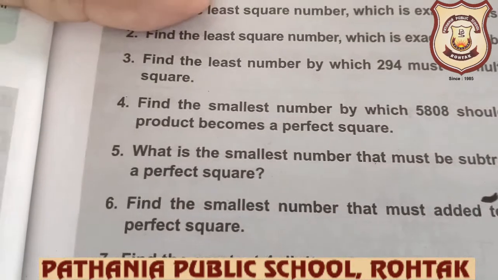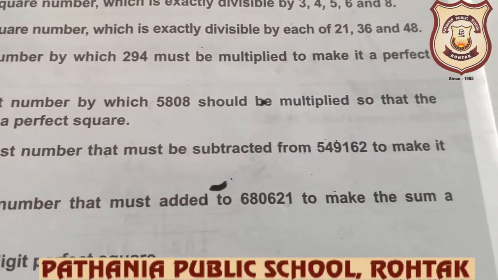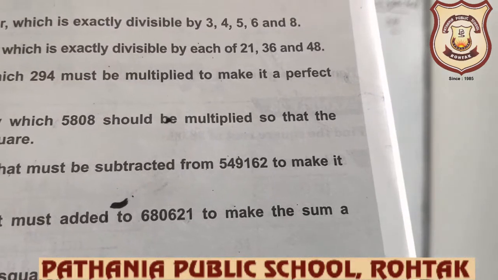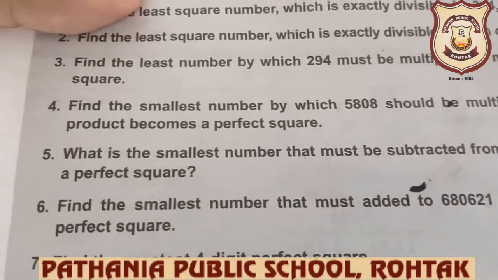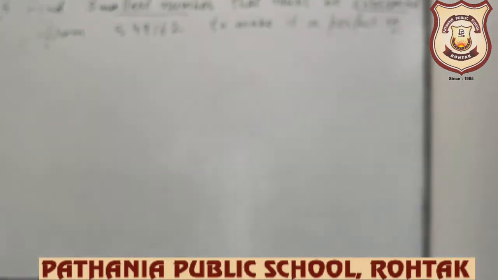But in question number 5, what is the smallest number that must be subtracted from 5,49,162 to make it a perfect square. Now I have to find the smallest number. So what you should do, son, is find the square root of the given number.